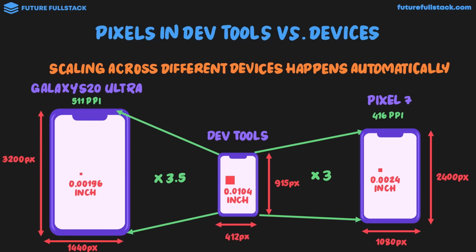For the Google Pixel 7, if I divide its height of 2,400 physical pixels by its DPR, which is actually 2.625, I just rounded it up, you get the same CSS pixel value of 915 pixels. So for these two devices, it just so happens that their CSS pixel values are the same, even though they have different physical pixel sizes and screen resolutions.